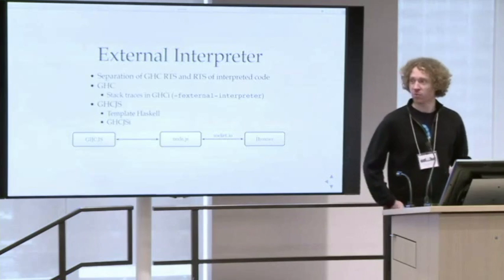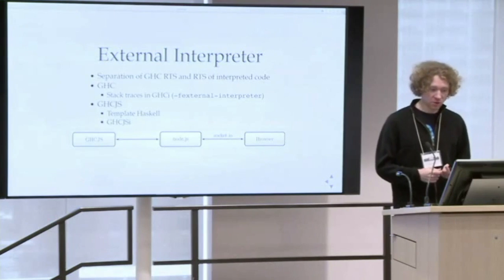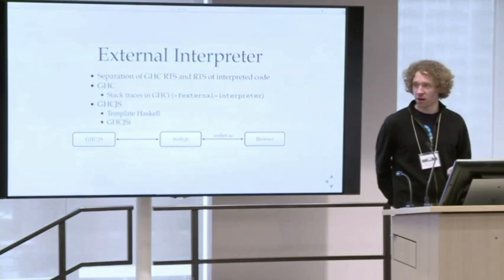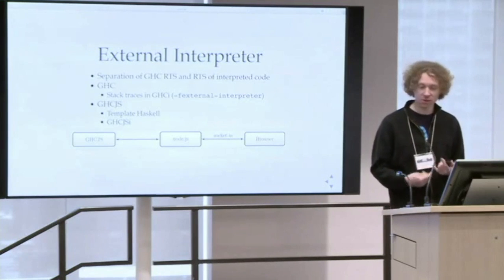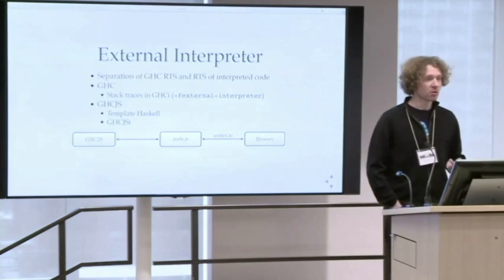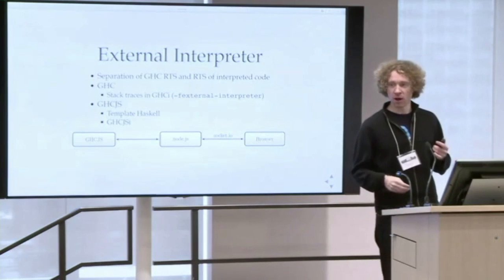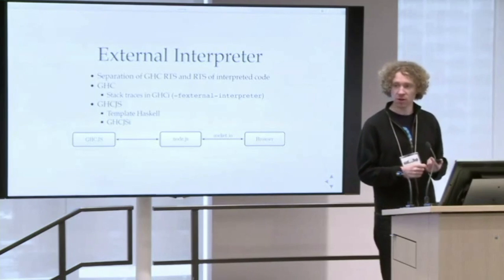So Simon Marlow was looking at solving this problem, getting proper stack traces in GHCi without killing performance. In the end, in December, he started with the GHCJS code, ported the whole thing and pulled it into GHC. So in GHC 8, there's now the external interpreter option, which you can run for GHCi, for example, but also for Template Haskell.